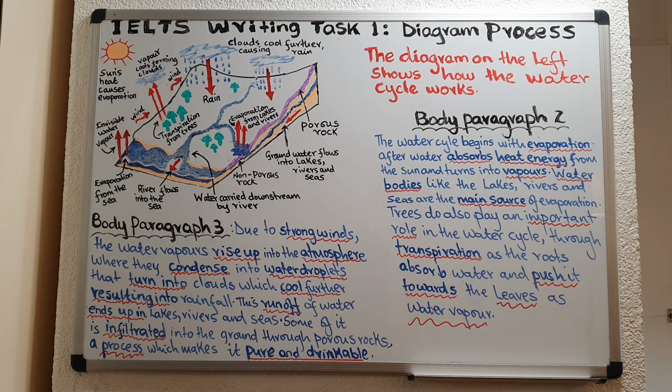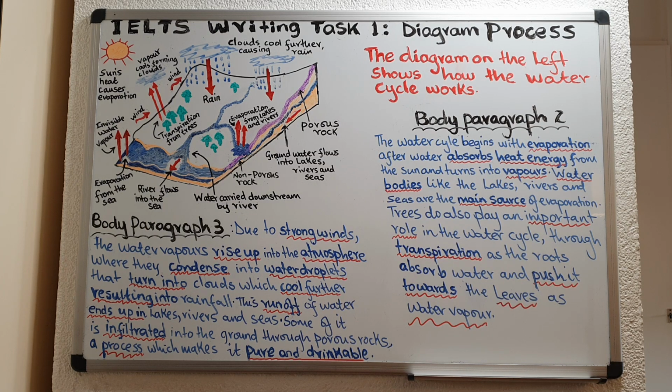Now, when it comes to writing task 1, the general training students write a letter. However, the academic students are required to write a report, and the report could be on a bar chart, a line graph, a pie chart, a table, a map, or a diagram, as we are going to look at in this lesson.